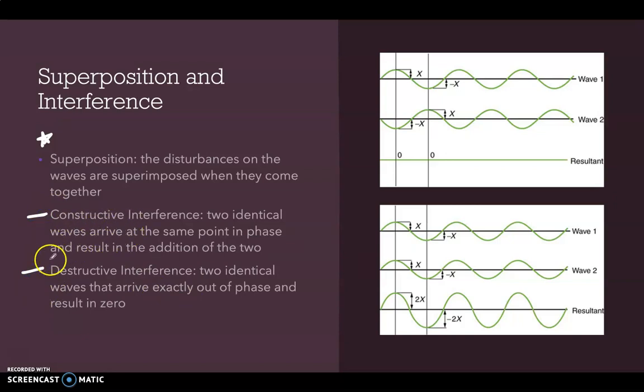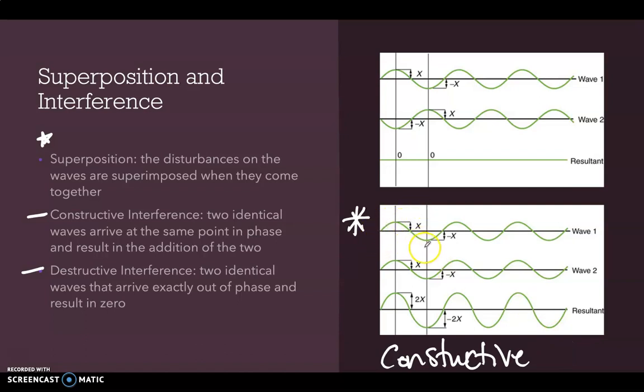okay? So when we have constructive interference, this is when two waves come together and they are identical waves. They arrive at the same point in phase and result in the addition of the two. So that's what we have here. Okay, so this is going to be constructive interference.